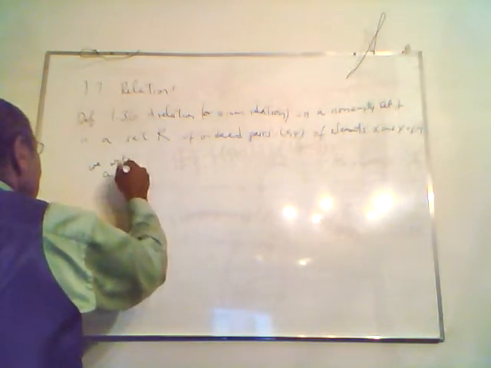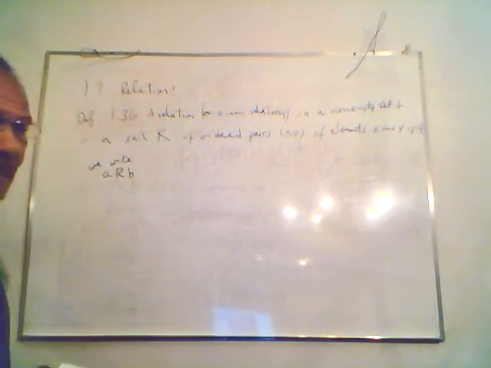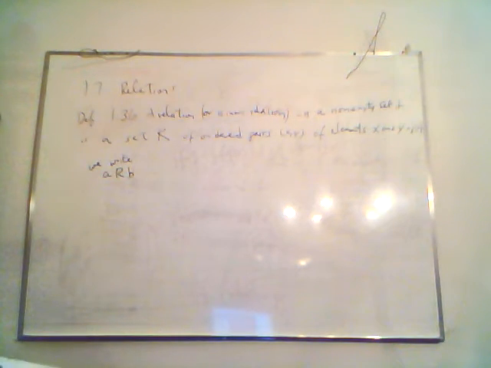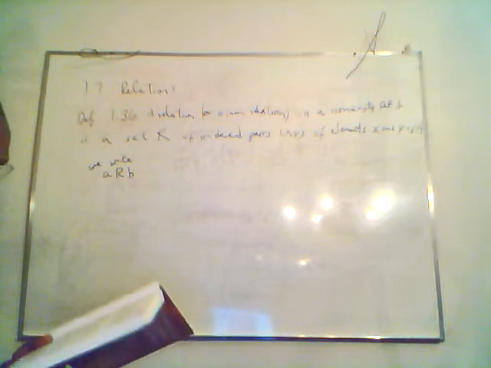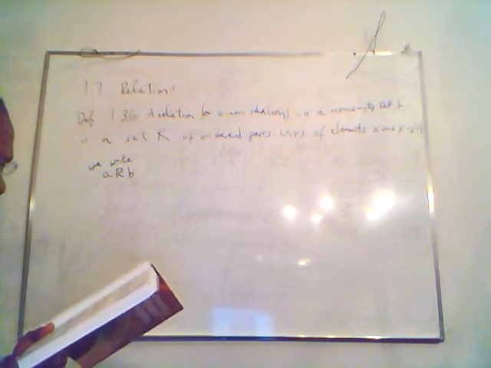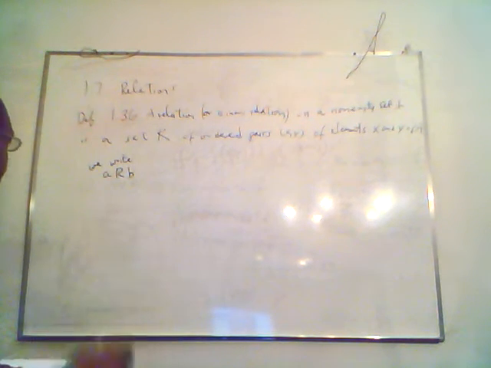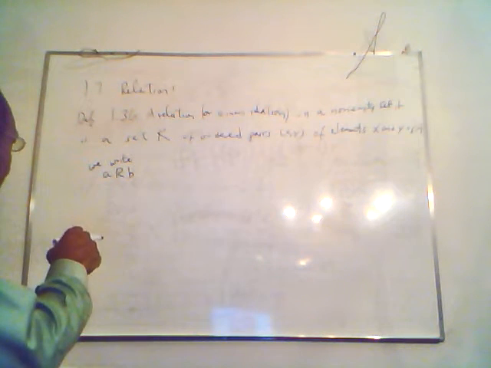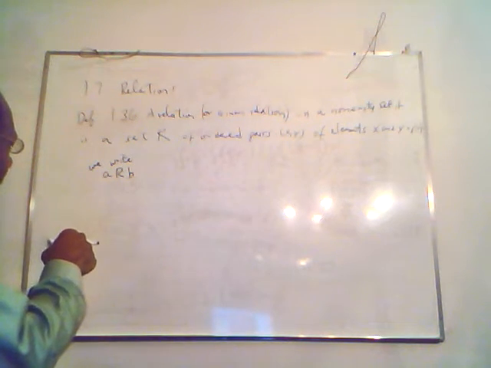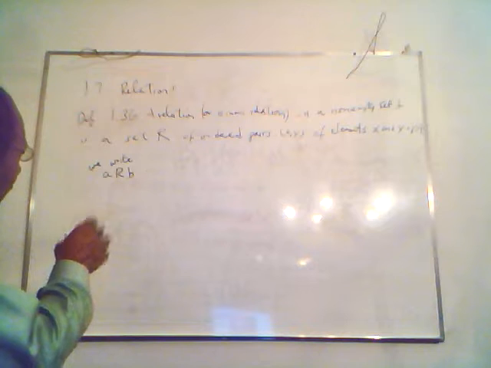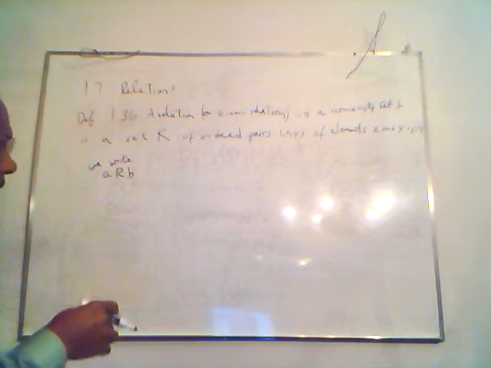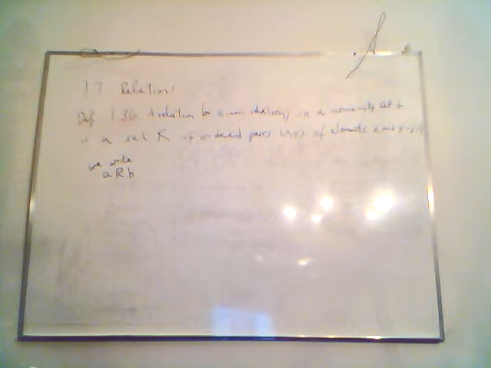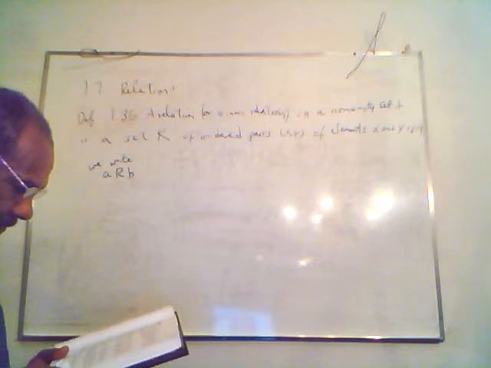So that means that the pair a, b is in set A. We have an element of set A related to another element of set A. And the relation, once again, is a set of ordered pairs that you get.